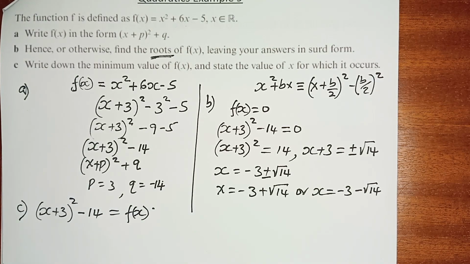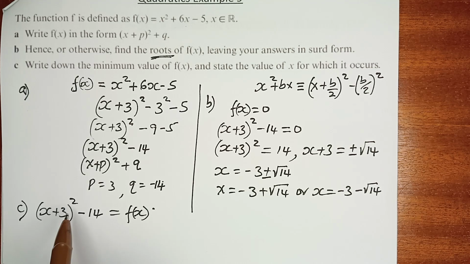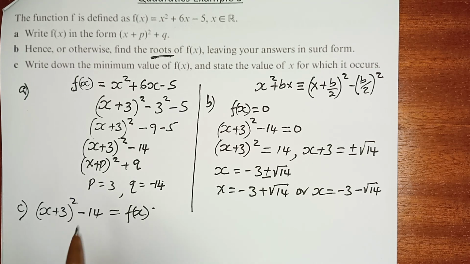So what is the minimum value of f(x)? I would want us to concentrate on this part, because by now we should know that (x + 3), or any other squared number, will always be greater than or equals to 0. Even when we have negative in the bracket, when that negative is squared, it becomes positive.